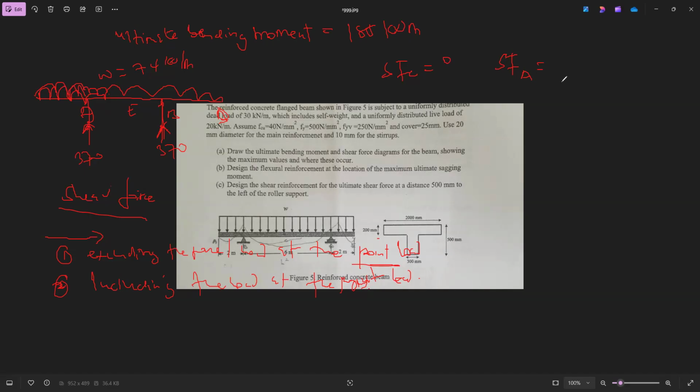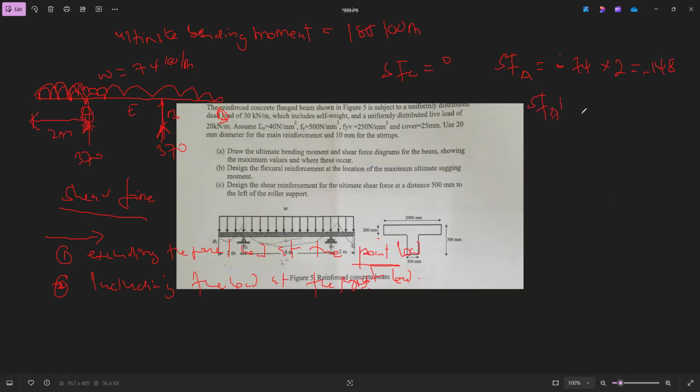So it is minus 74 by the length there, which is 2. Shear force is a force, so minus 148.